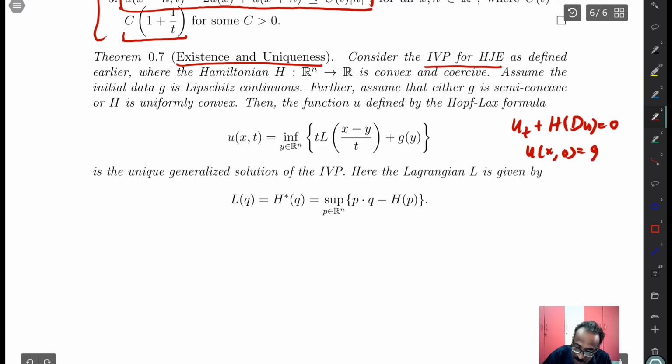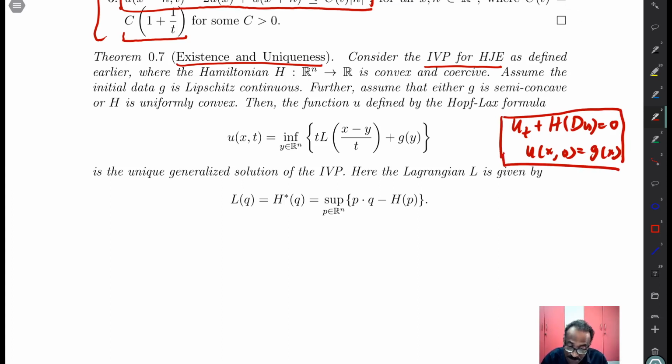This is your Hamilton-Jacobi equation with H and g given. Suppose the Hamiltonian is convex and coercive. You need that assumption. Either the initial data g is Lipschitz continuous.